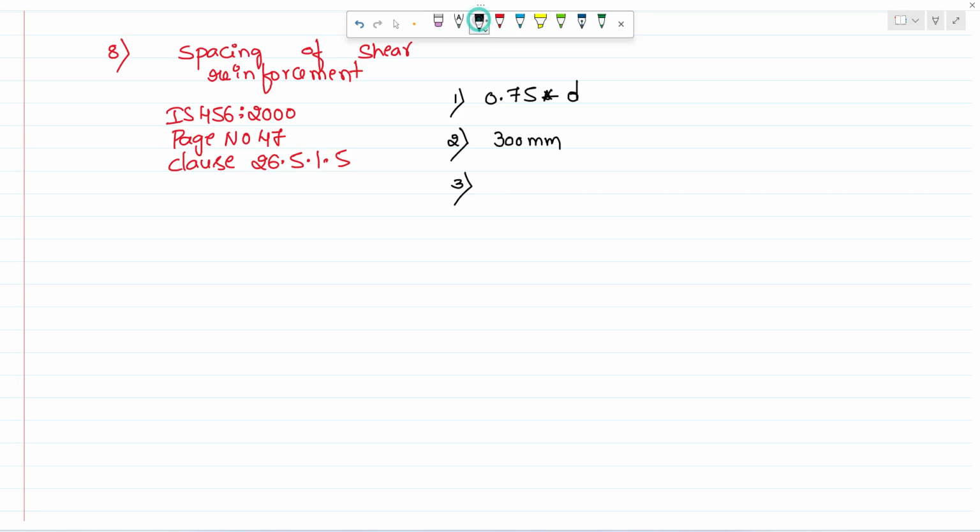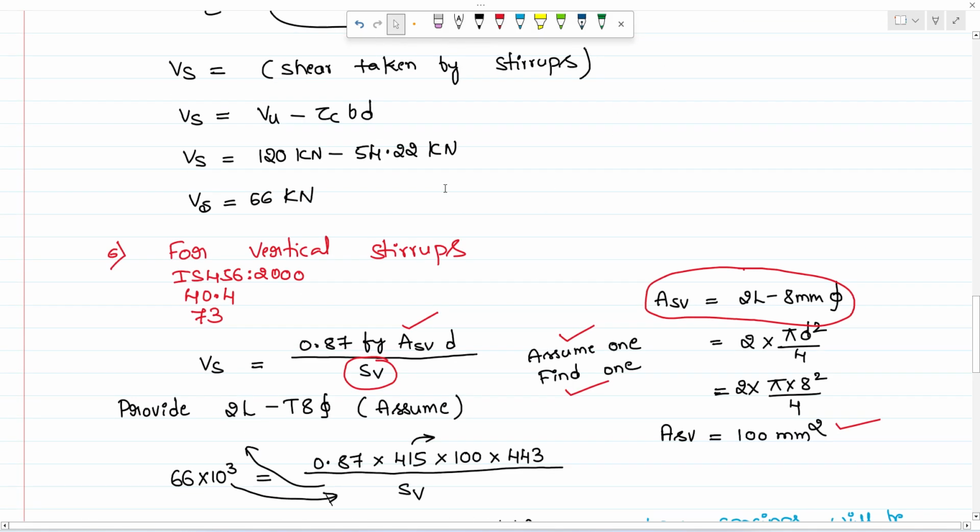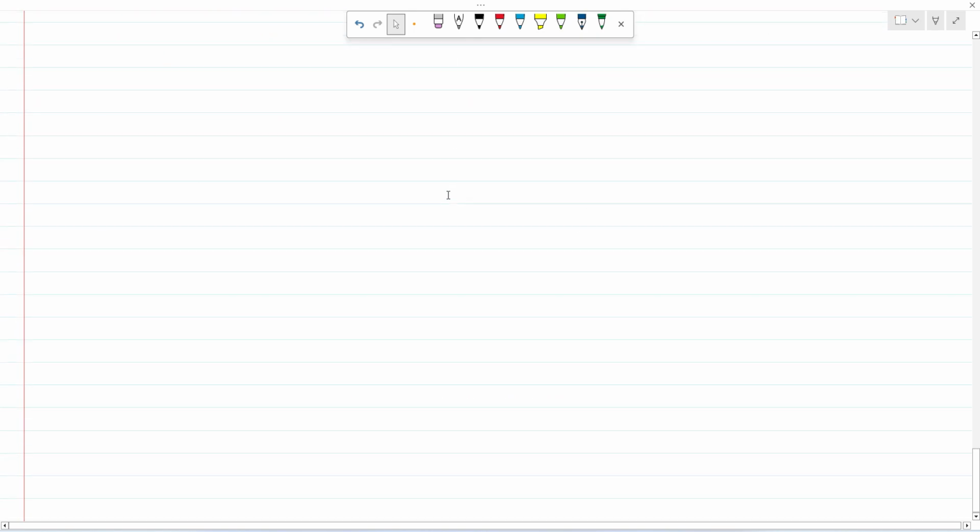So third one will be calculated spacing. So 0.75 times D. Your effective depth, I think it is 443. Let me check the effective depth. Effective depth is 443.